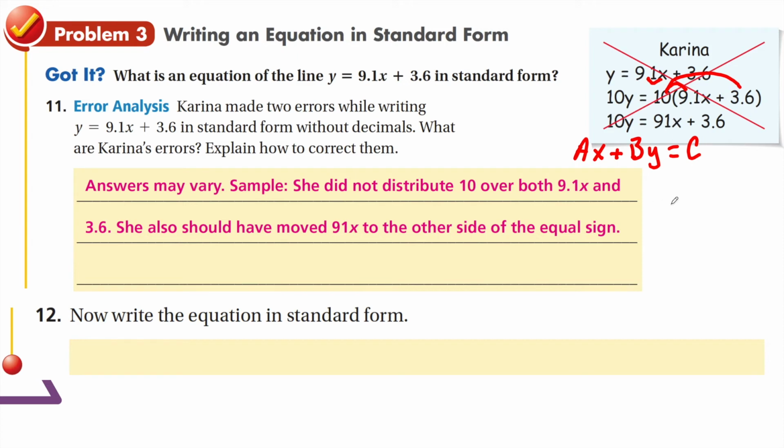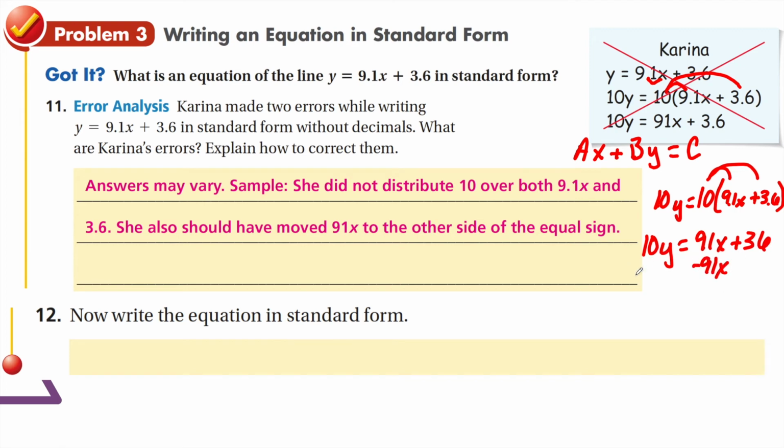So if I take what she wrote, we have the 10y equals the 10 times the 9.1x plus the 3.6. I'm going to distribute out that 10, giving you 10y is going to equal 91x plus 36. And then I'm going to subtract the 91x from both sides because, again, you really need to get the x and the y on the exact same side.